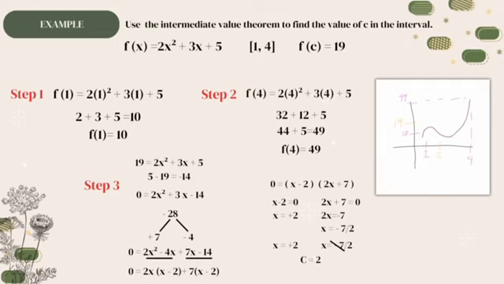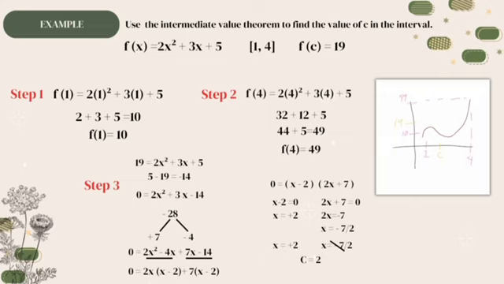So, first things first is we need to plug in the endpoints of the function. Let's find the value of f of 1 and f of 4. But we know that it's continuous because any time we have a polynomial, it's always continuous.